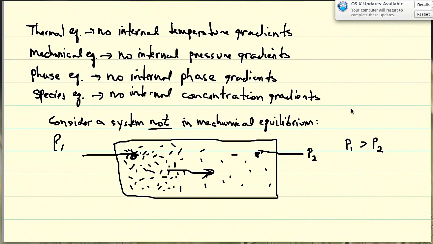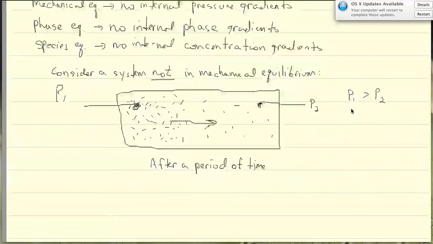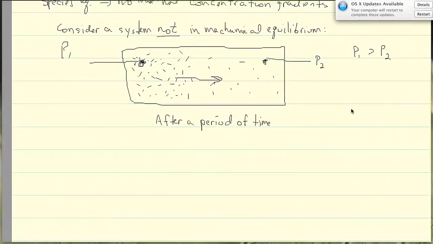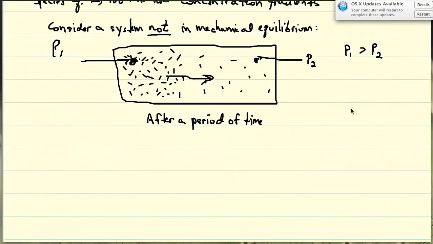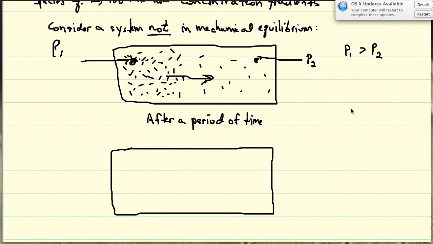After a period of time, my system now looks like this. My particles are now all uniformly distributed throughout the whole system.